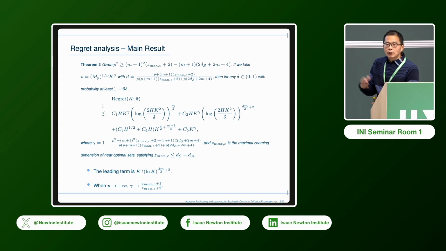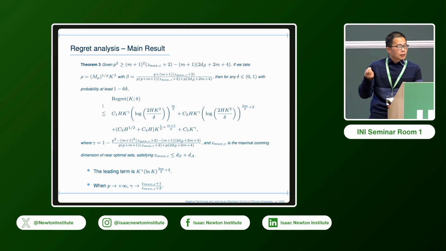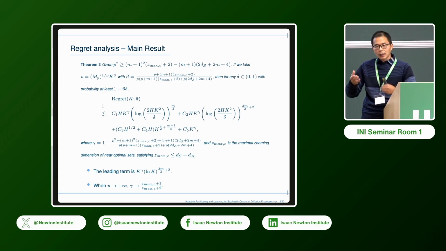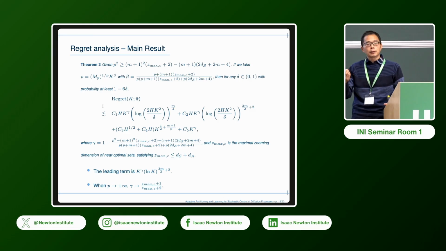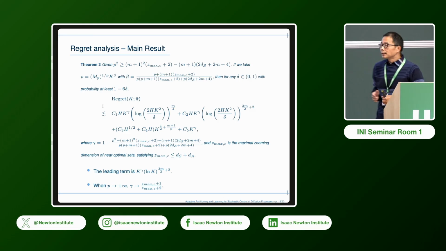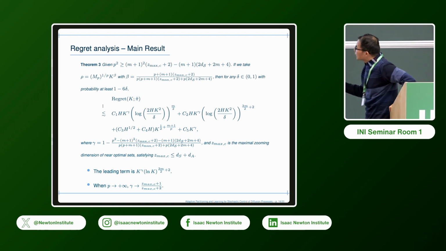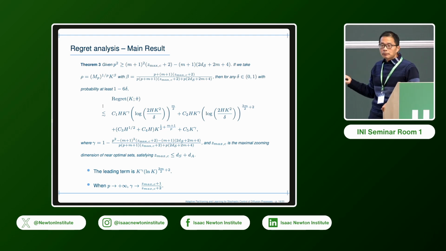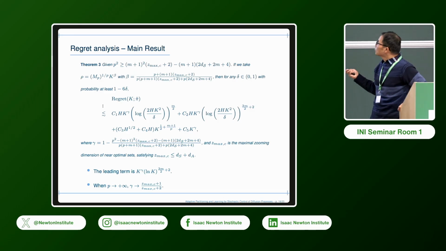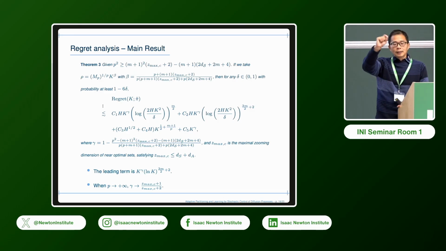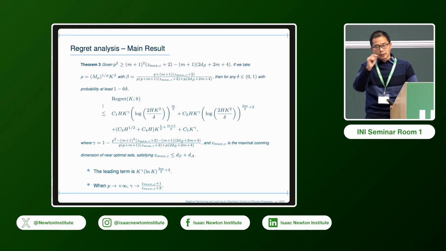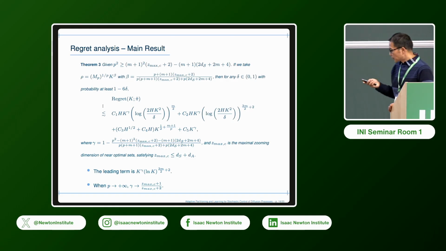For example, if the distribution is Gaussian, or has compact support, then this p can be any big number. So the asymptotic order of gamma is something like this, and this zooming dimension is bounded by the sum of the dimension of state space and action space, dS plus dA. So this is a quite good number.